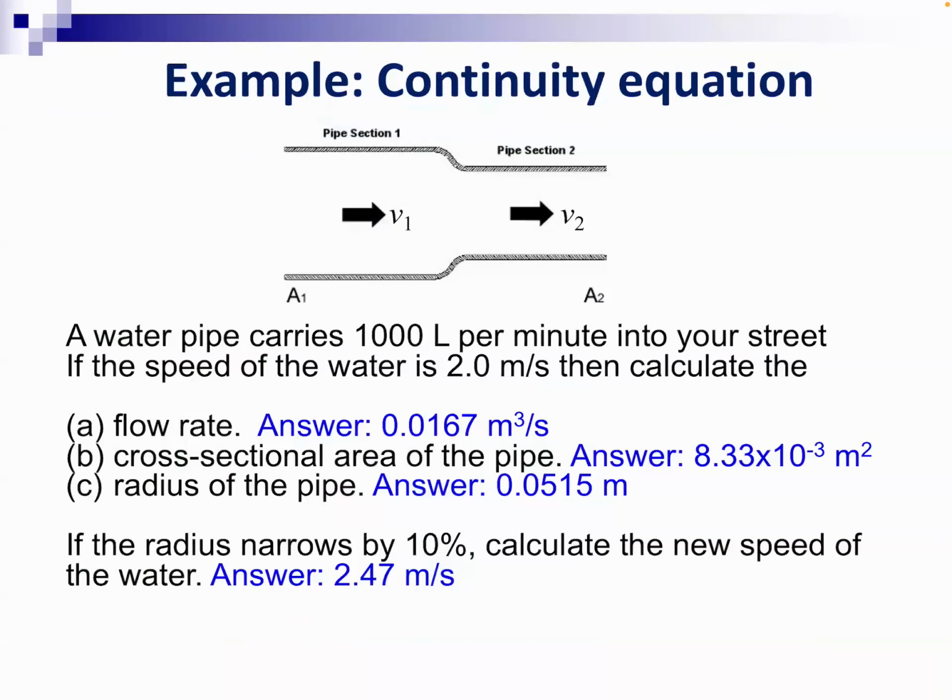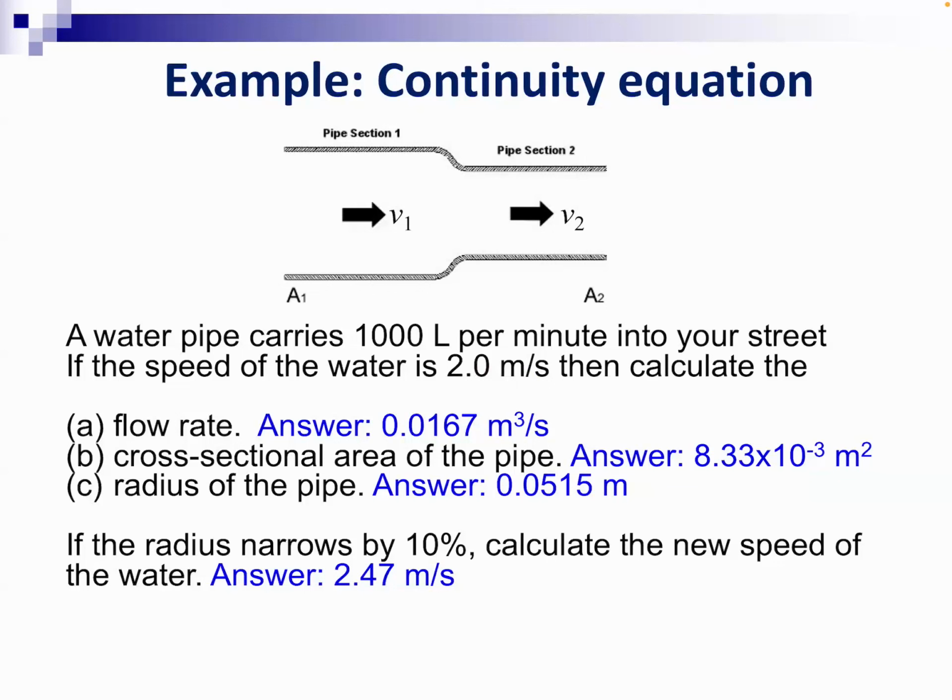So let's try to apply the continuity equation and see how to use that to solve a problem. So here you have a pipe. It carries 1,000 liters of water per minute, and the speed of the water is 2 meters per second.